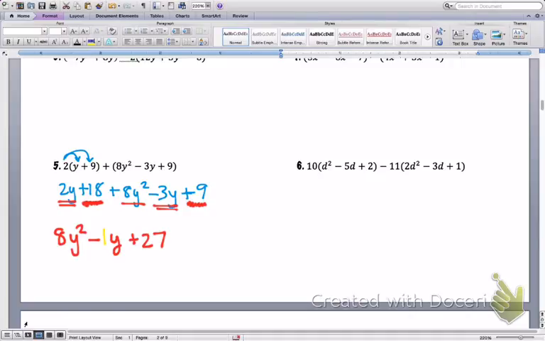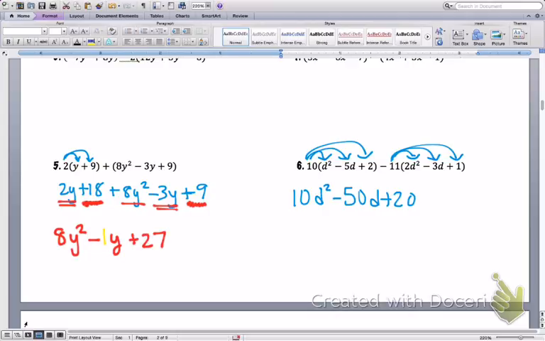All right, last one, we are combining two trinomials that are being multiplied. So distribute first, and then combine. So multiply, then add or subtract. It's order of operations right there. That's all it is. So multiply by 10: 10d squared minus 50d plus 20.